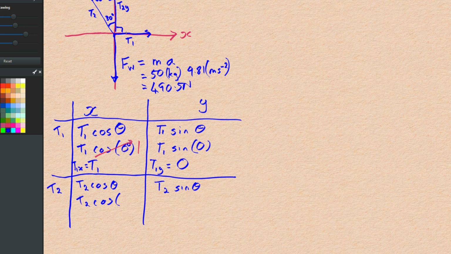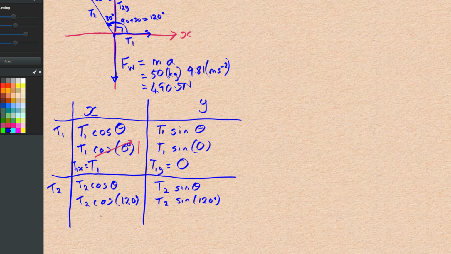We don't want that. We're looking for the direction to T2, which is 90 plus 30, which is 120 degrees. So this will be T2 cos of 120 degrees and T2 sine of 120 degrees.